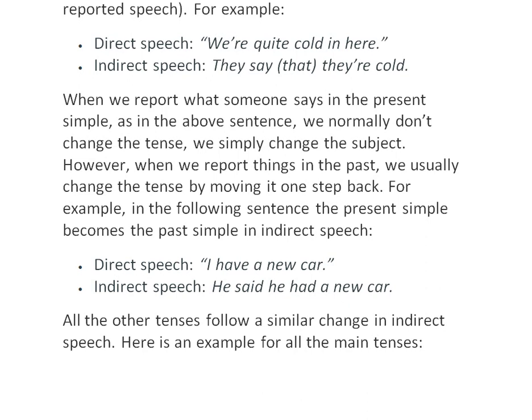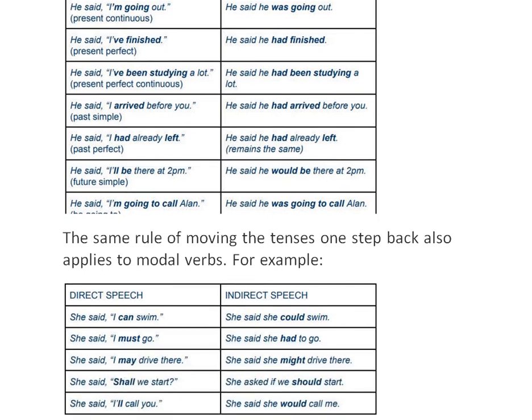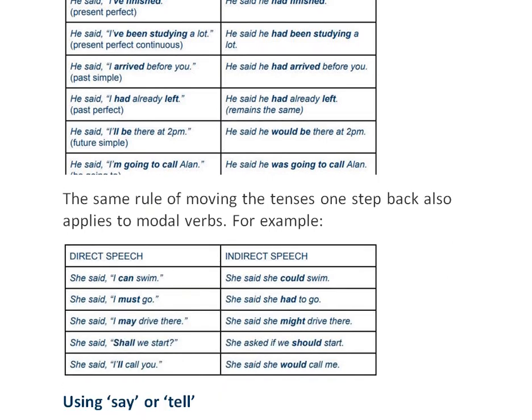So this table here explains the difference between direct speech and indirect speech, basically in the tenses. We are not going through all of them. I've explained one, so you can read the rest. Now we'll move further and see that the same rule of moving the tense one step back also applies to modal verbs, and I hope you all know what modal verbs are.